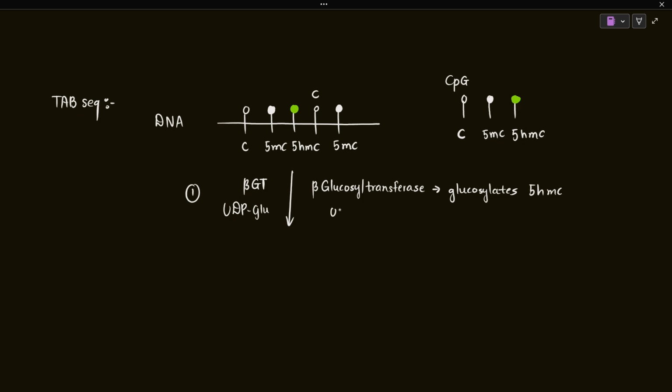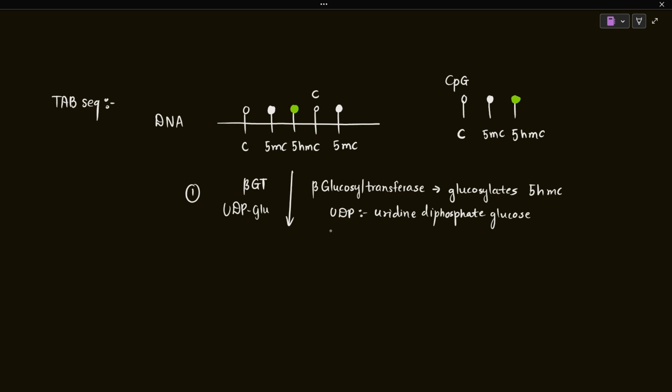UDP is uridine diphosphate glucose, so this is the glucose provider.